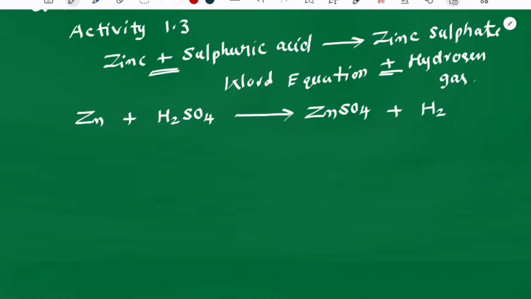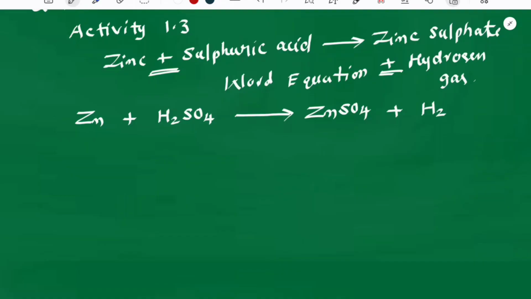At the same time, hydrogen is also a diatomic molecule. So when you are balancing the equation, hydrogen you write as H2. It is a hydrogen molecule, a gas.